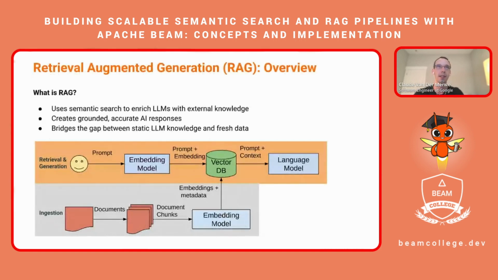So putting this all together, what is RAG, Retrieval Augmented Generation? It uses semantic search to enrich the LLM with external knowledge. And here's kind of a diagram for showing the architecture. So we have the ingestion piece, which takes documents from our document store, which could be streaming or batch.